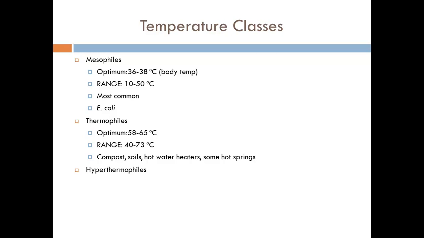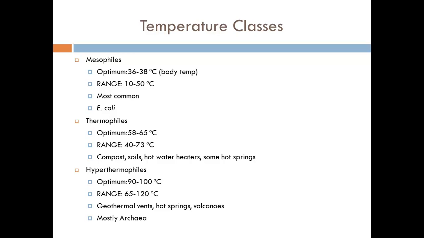Hyperthermophiles have very high optimal temperatures, so 90 to 100 degrees Celsius. Their range is about 65 to 120 degrees Celsius. Again, they can be found in usually hot habitats such as hot springs, geothermal vents, volcanoes.